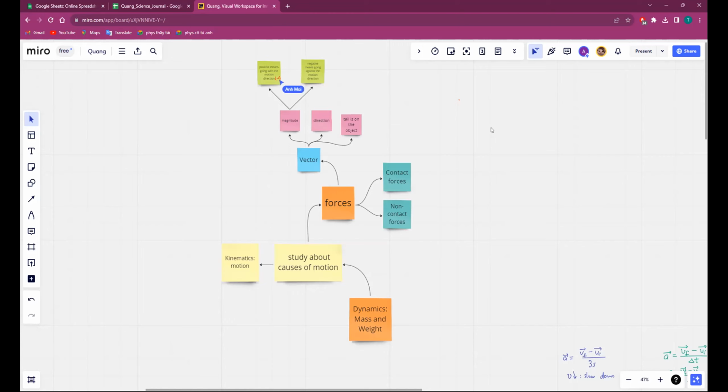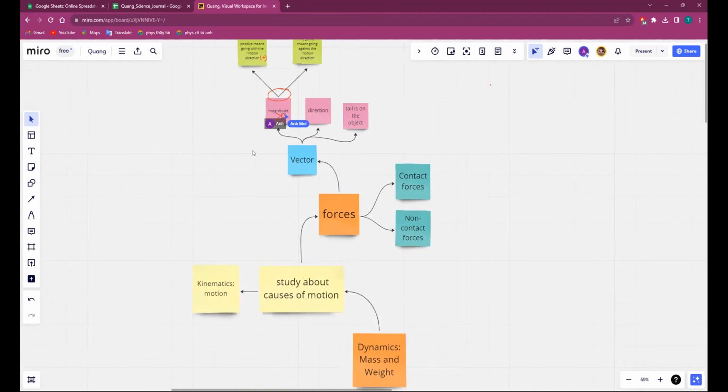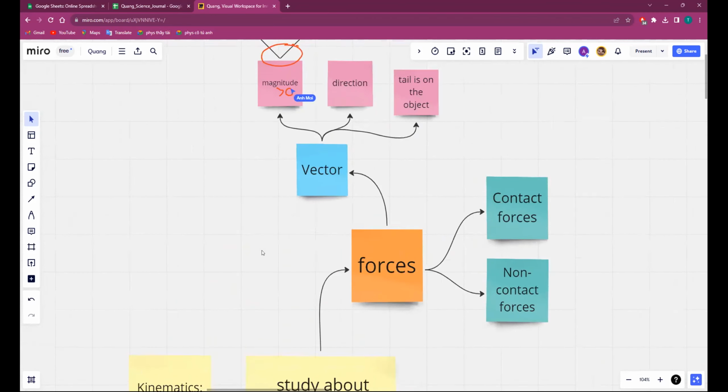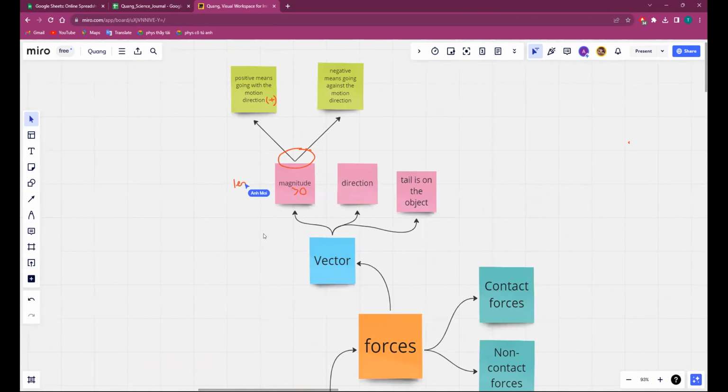Actually, I want to correct this. The magnitude is always greater than 0, because that would be the length, a geometrical length.